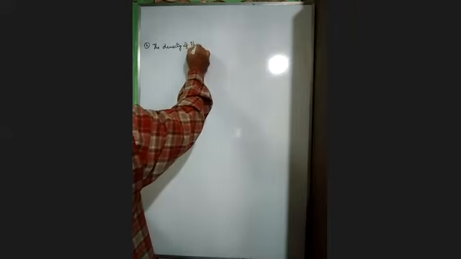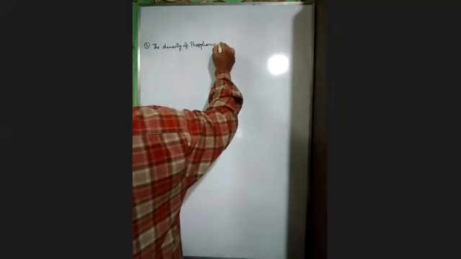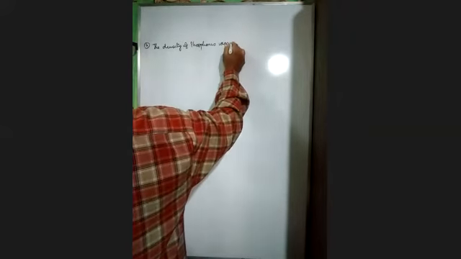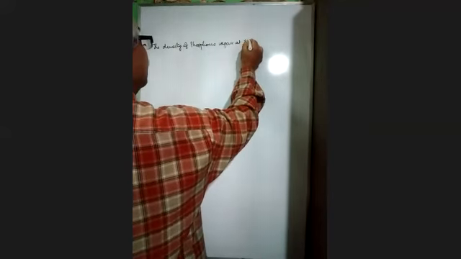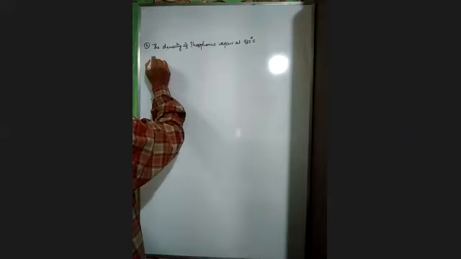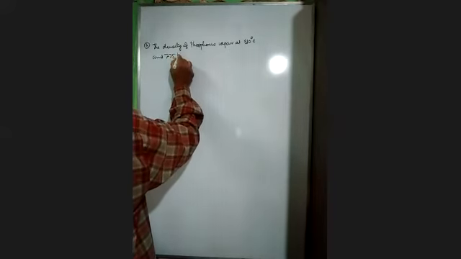Question 4. The density of phosphorus vapor at 310 degrees Celsius and 775 torr is 2.64 gram decimeter cube inverse.